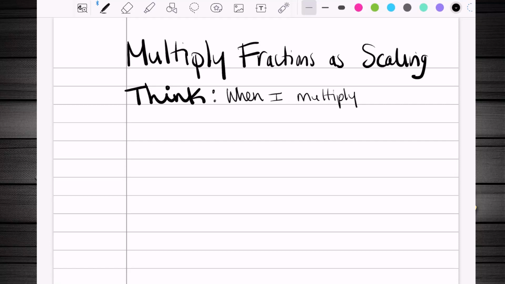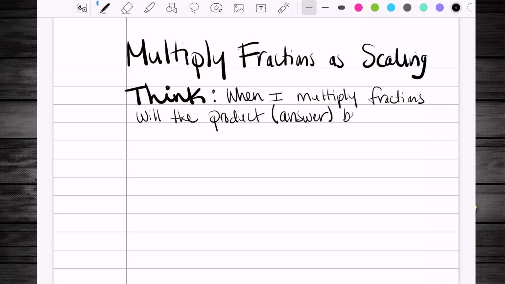So we're going to write, when I multiply fractions, will the product, or answer, be greater, less, or equal to the factors?